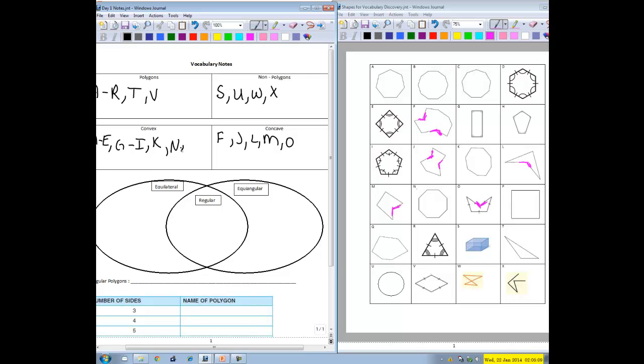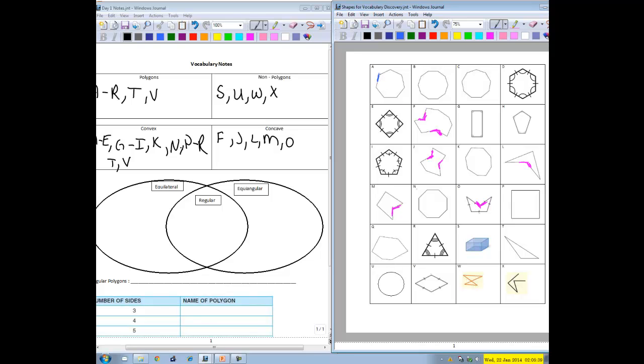P is convex. Q is convex. R is convex. S, of course, is not a polygon, so it can be neither. T is convex. U is also not a polygon, so it can't be either. And V is convex. The pink parts tell you why it makes it concave.